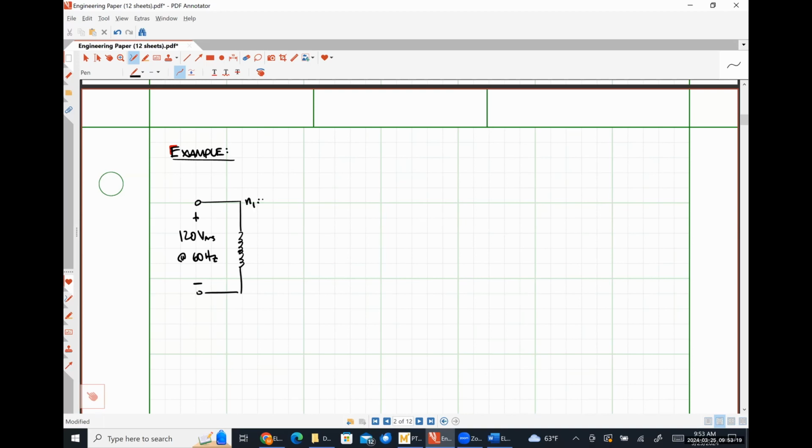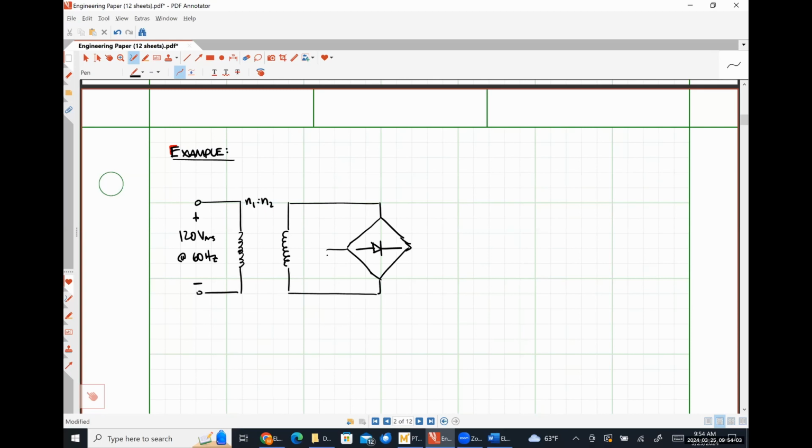We have a turns ratio of N1 to N2. And then over here on this side, we have some step down voltage. And this step down voltage is fed into a bridge rectifier. So this is actually an IC representation of just 4 diodes connected in a Wheatstone bridge configuration like we did for rectification in electronics 1. Okay.